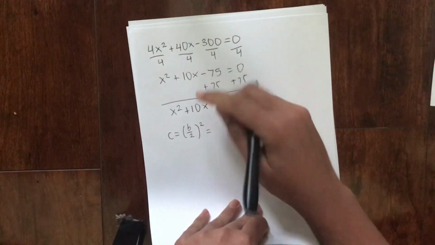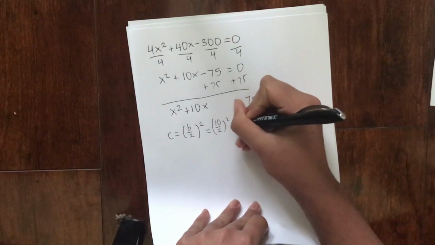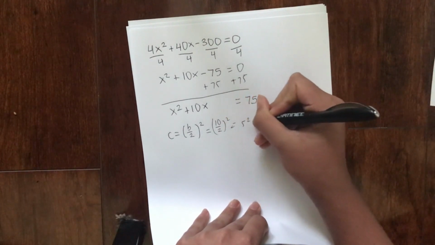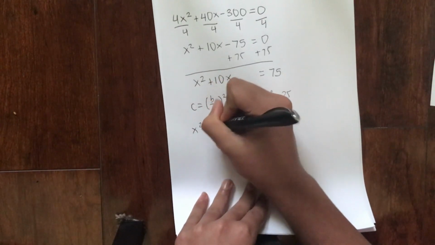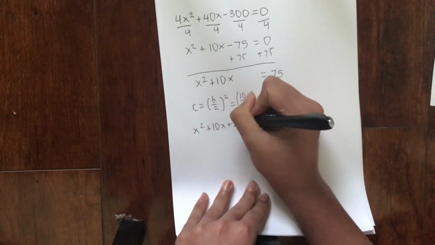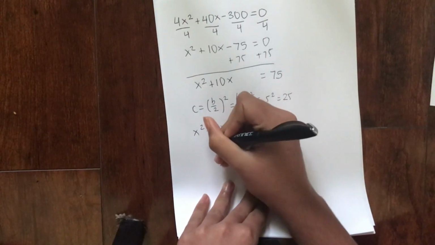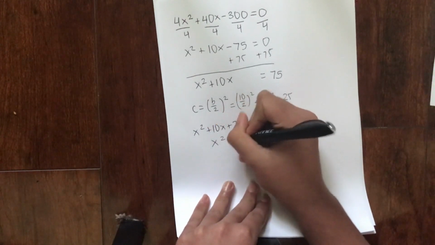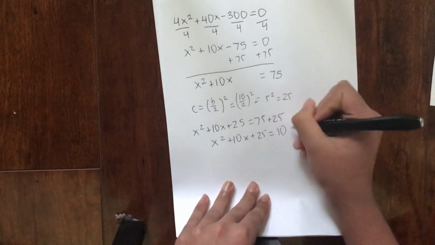Our 10 is b, so 10 over 2 the whole squared, which is 5 squared, which is equal to 25. So we can add 25 on both sides. Now we get x squared plus 10x plus 25, which is equal to 100.